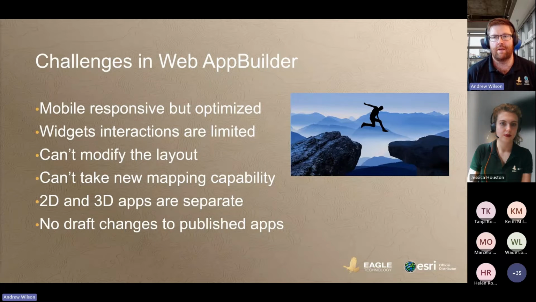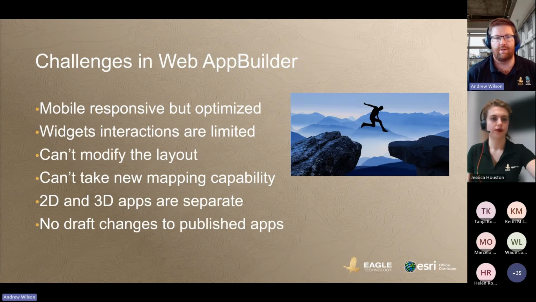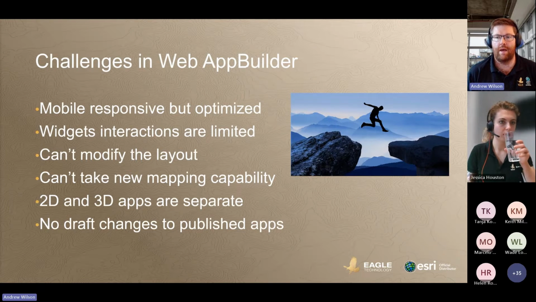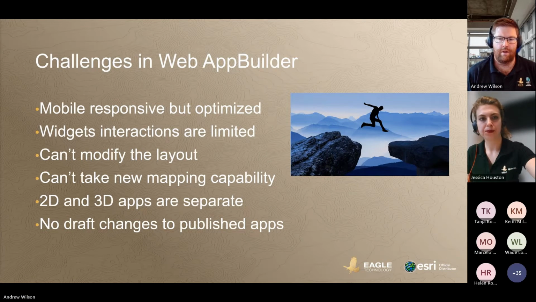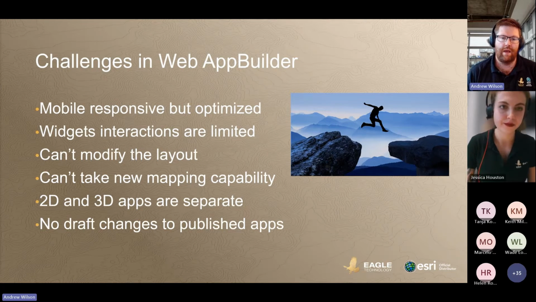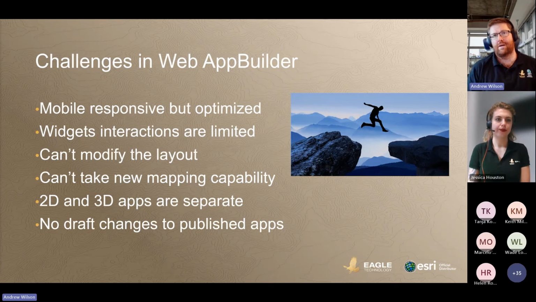Web AppBuilder is built on version 3 of the ArcGIS API for JavaScript. So on that older technology, whereas the new map viewer and Experience Builder is built on version 4. So it enables us to have that newer mapping capability that we're starting to see in ArcGIS Online. Also, 2D and 3D apps are separate.